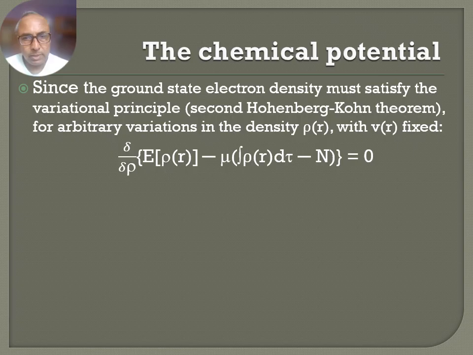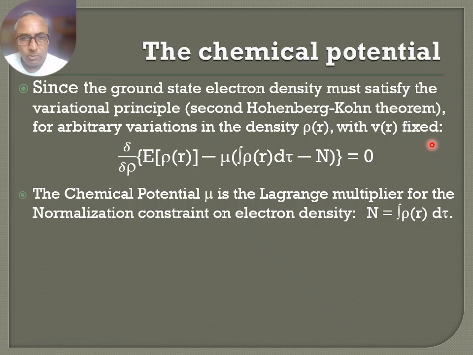So in accordance with the second Hohenberg-Kohn theorem, we minimize the energy with respect to arbitrary variations in the electron density, but subject to the normalization constraint, that is, that integral rho of R d tau is equal to n. And that can be done by introducing a Lagrange multiplier mu, which leads to this equation. Here, mu is known as the chemical potential.